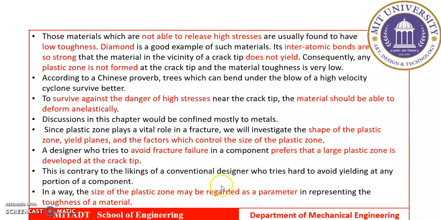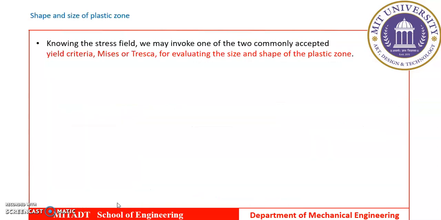Thus, the size of the plastic zone is regarded as a parameter representing the toughness of the material. That is, the larger the plastic zone, the tougher the material. Now, there are two yield criteria, von Mises and Tresca. We can use these to see the size and shape of the plastic zone.